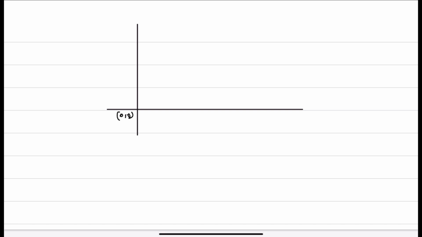0 is the origin. At x equal to 1 here, x equal to 2 here, x tends this way, and y equal to 1 here and y equal to 2 here. At x equal to 1, y is 0.76. At x equal to 2, y is approximately 0.1.